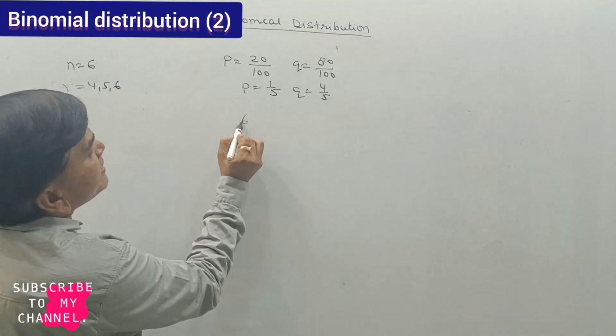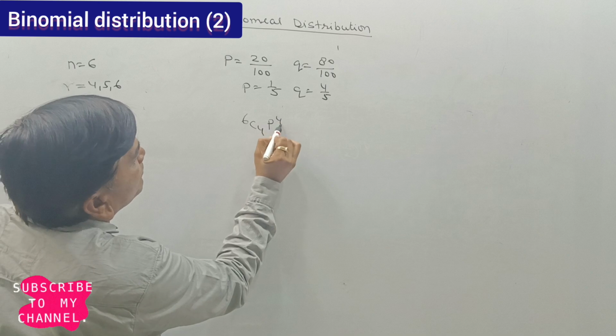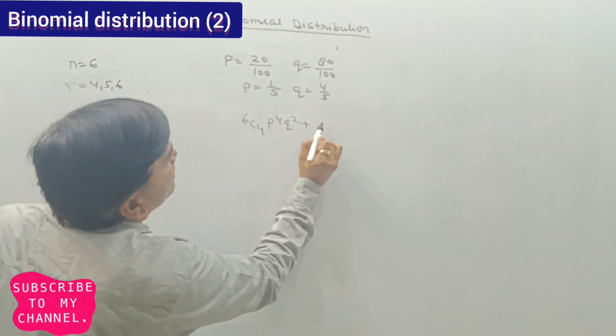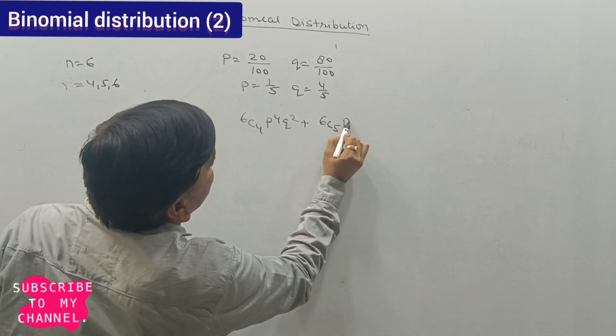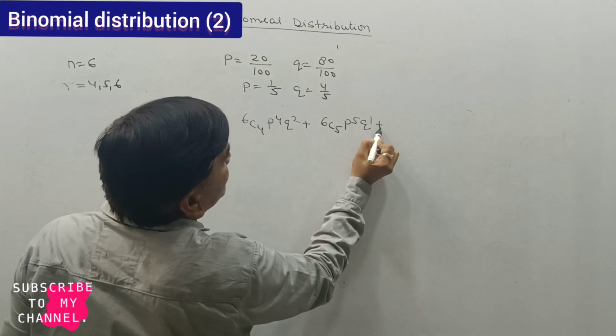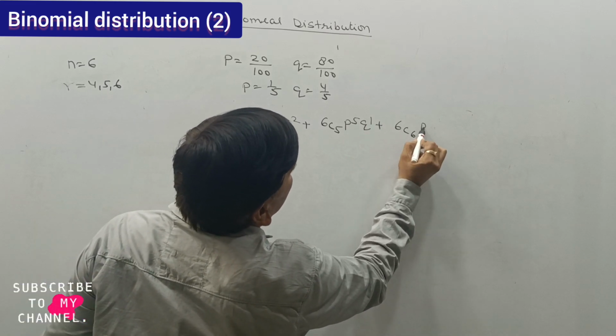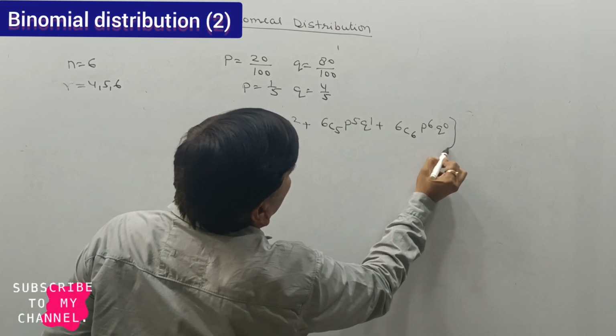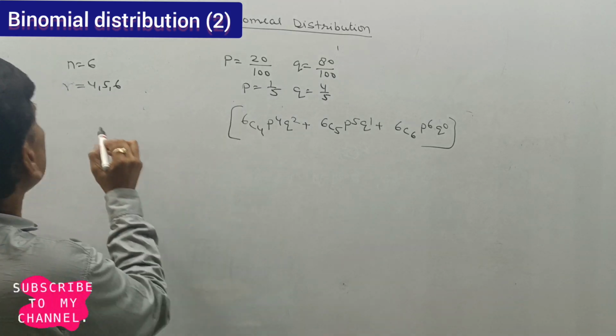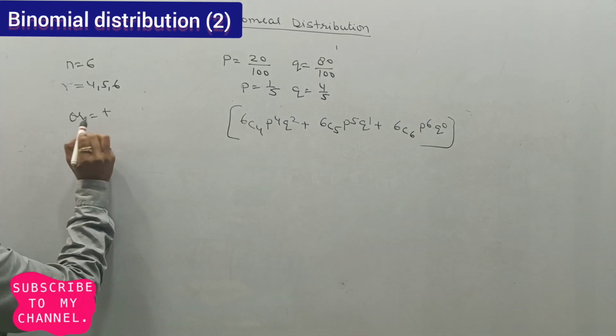So that is 6C4 P raised to power 4 Q raised to power 2, 6C5 P raised to power 5 Q raised to power 1 and 6C6 P raised to power 6 Q raised to power 0. Or is over there, so we will use plus.